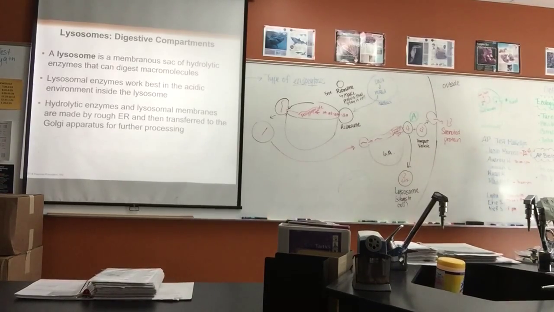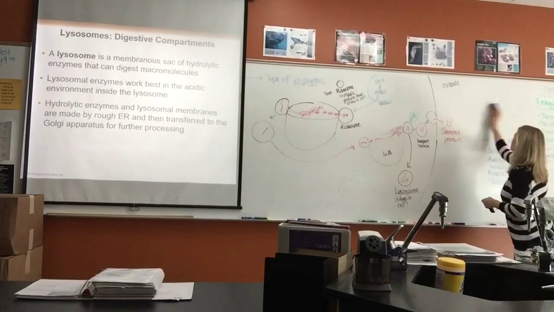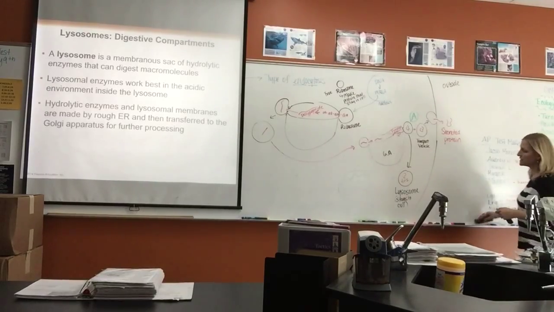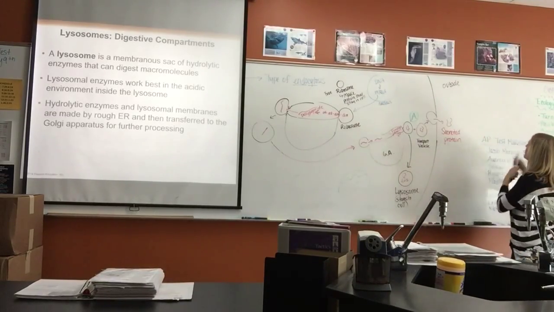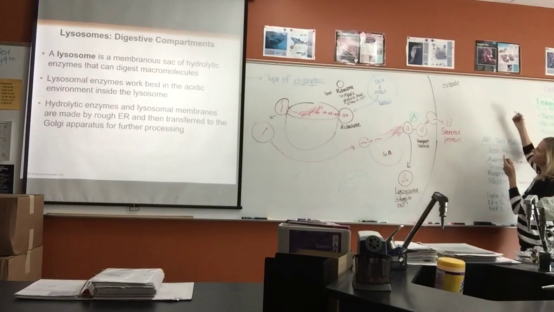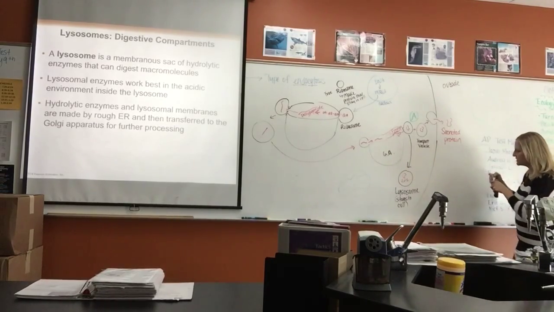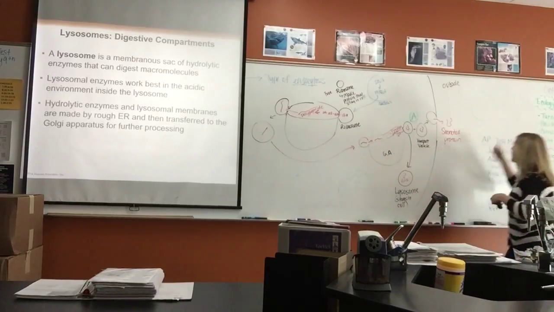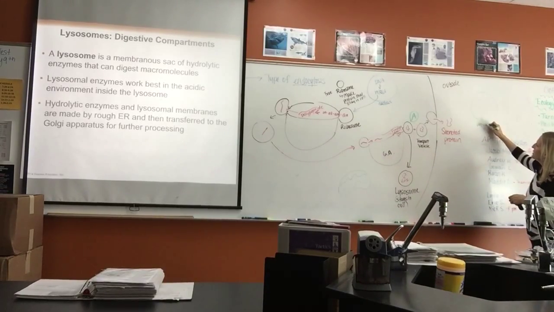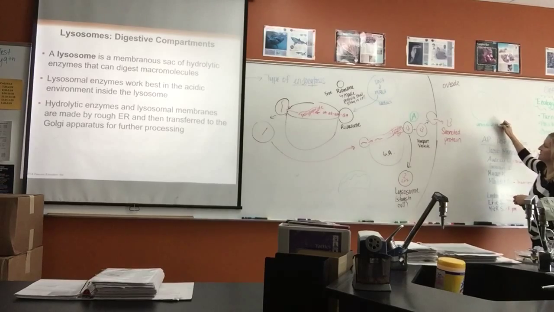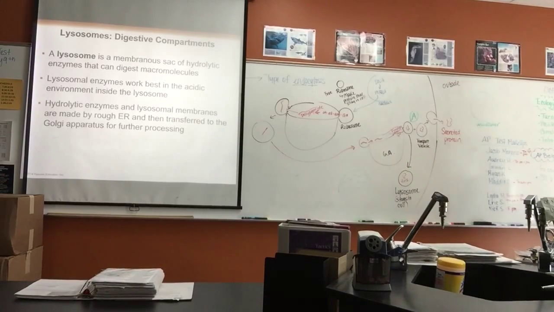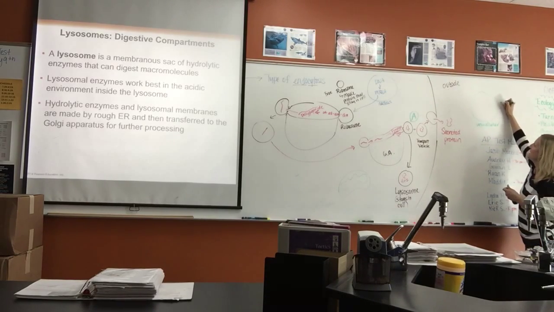Another example of what lysosomes can do is in unicellular organisms. So this is like our cell, a little one-celled organism that lives in a pond or something like that. This is only one cell big, so it for sure doesn't have a digestive system, but yet it still needs to take in its food and break down its food, just like we do. So how does this unicellular organism take in its food?